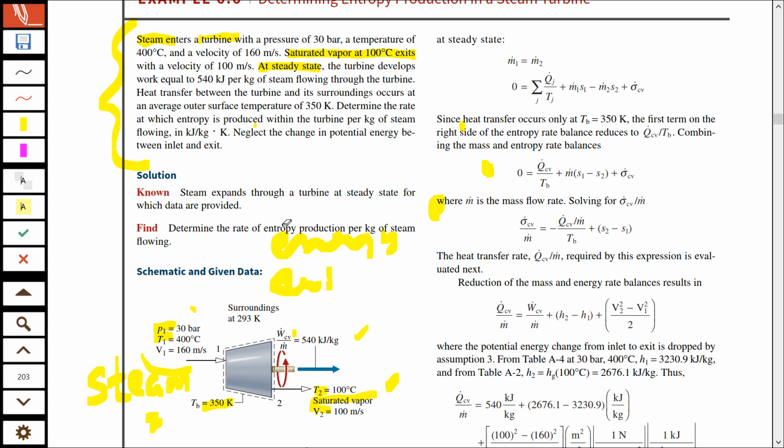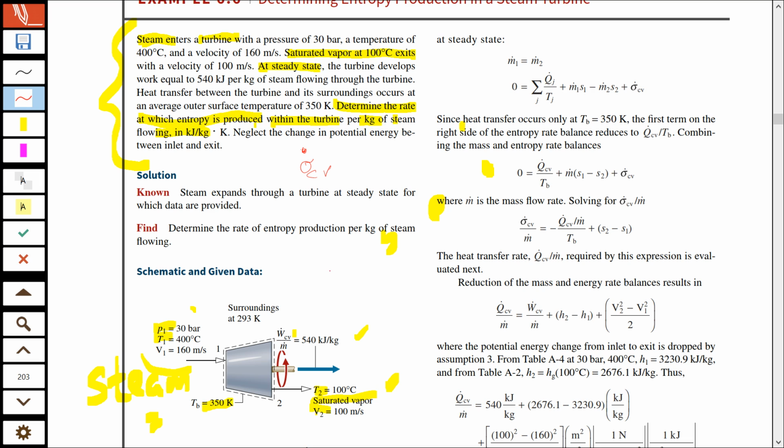So now the question here, what you are supposed to calculate here is the rate at which the entropy is produced within the turbine per kilogram of steam flowing. Which means that here you are required to calculate sigma dot for this control volume. Sigma is the entropy production, and you are interested in the rate of that.